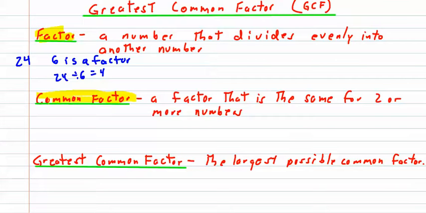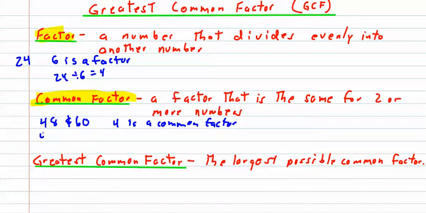Common factor. If I have the numbers 48 and 60, 4 is a common factor. Why?